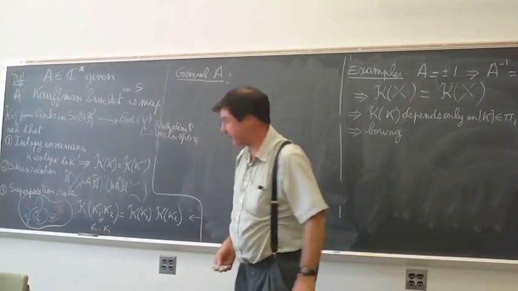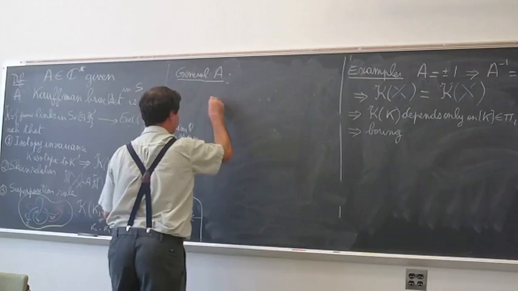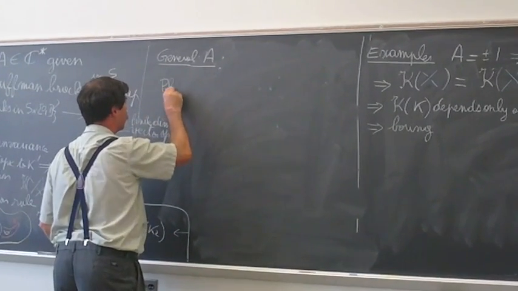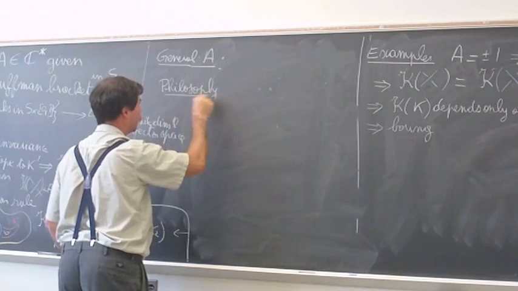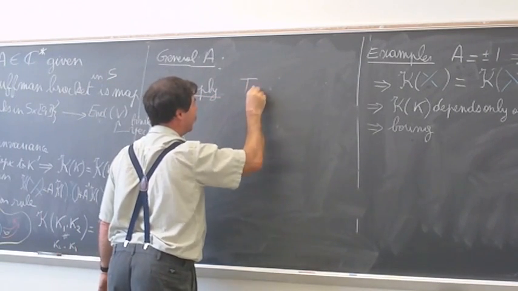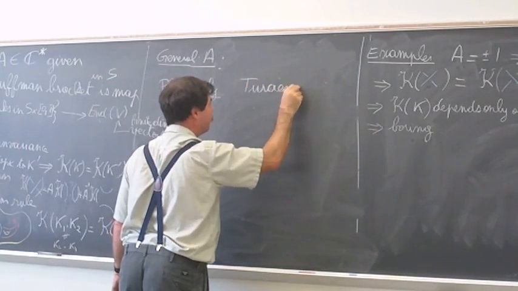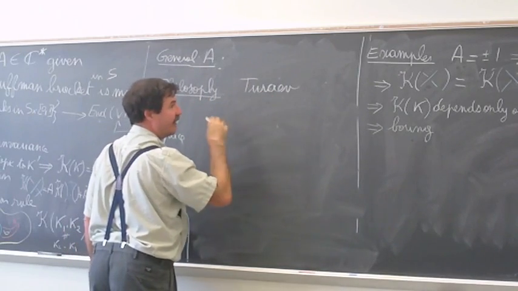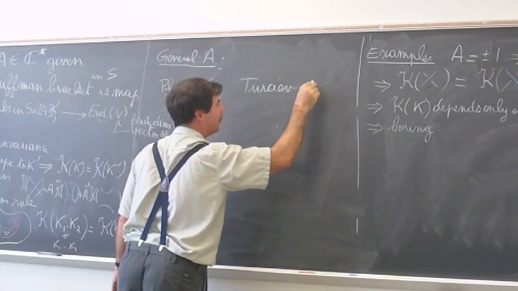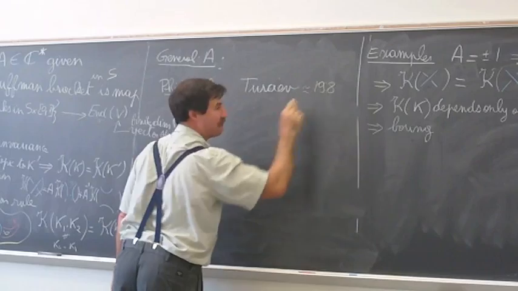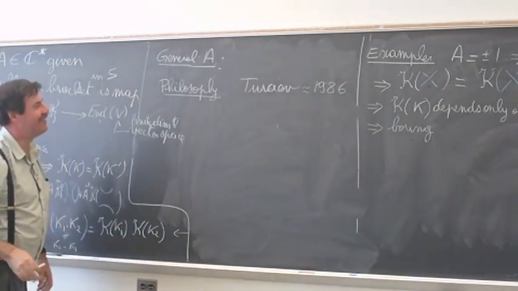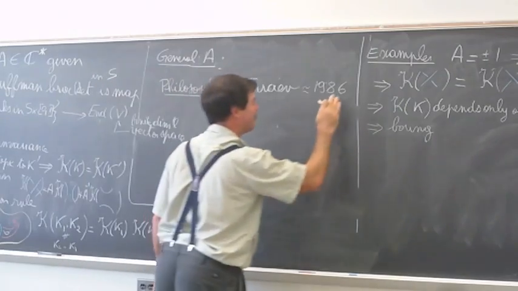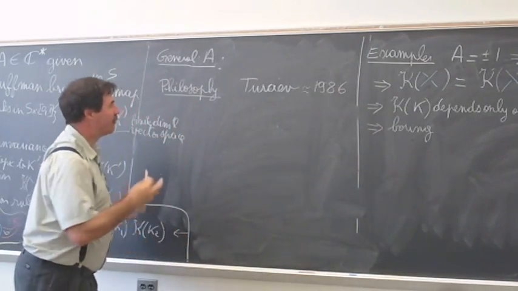So you do that, and there is a philosophy which really was pioneered by Turaev. I think he has a paper in 86, 87, something like that. And then it was further developed.